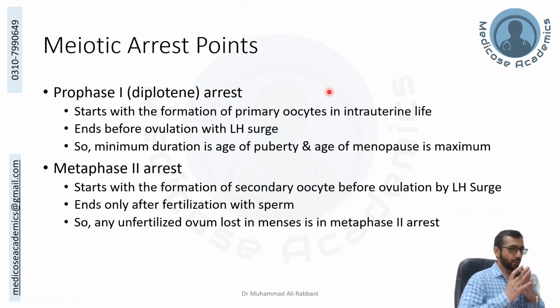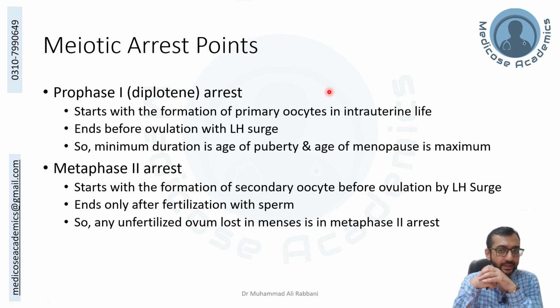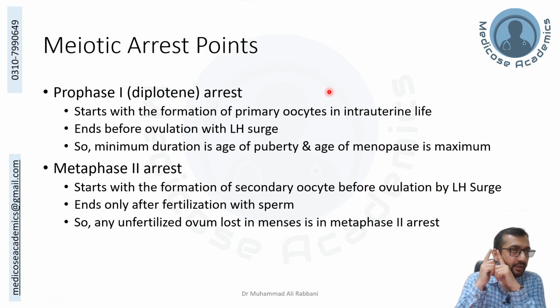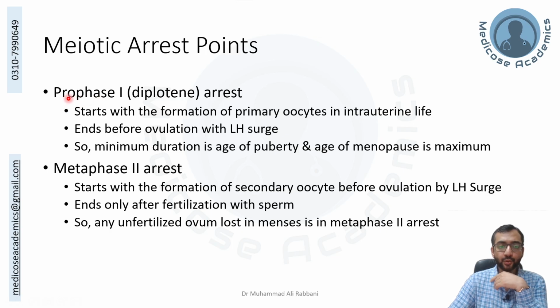So you had two meiotic arrest points. From the fifth month of intrauterine life onwards, all of the primary oocytes were stuck in the diplotene stage of prophase 1 of meiosis 1.